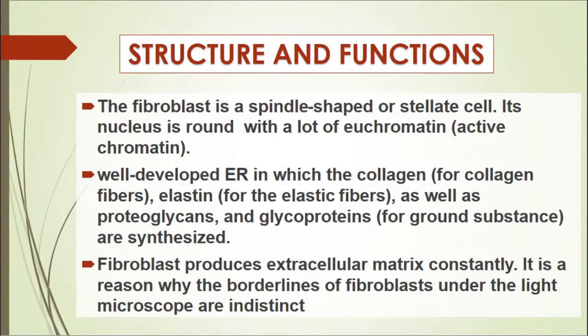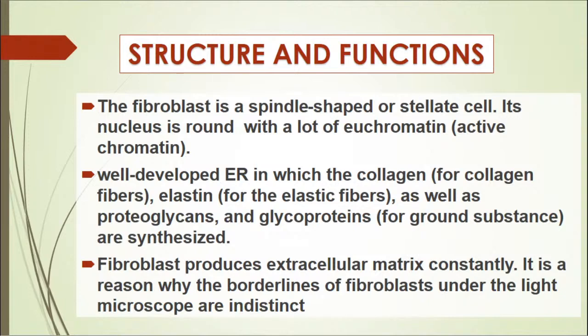Its nucleus is round with a lot of euchromatin, active chromatin, and a well-developed endoplasmic reticulum, which synthesizes collagen. It is also possible to synthesize elastin or reticular fibers, which is collagen type 3, as well as proteoglycans and glycoproteins for the ground substance.